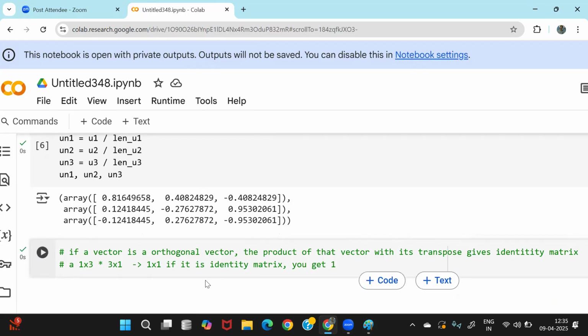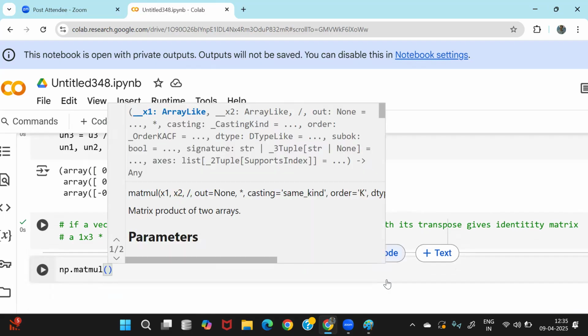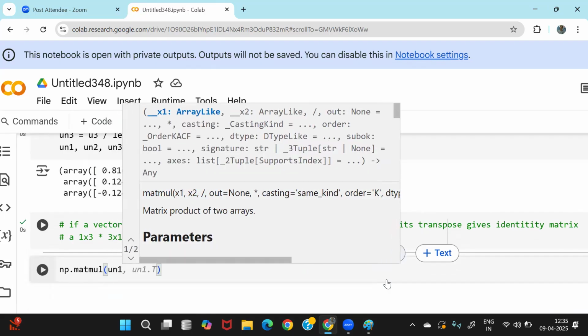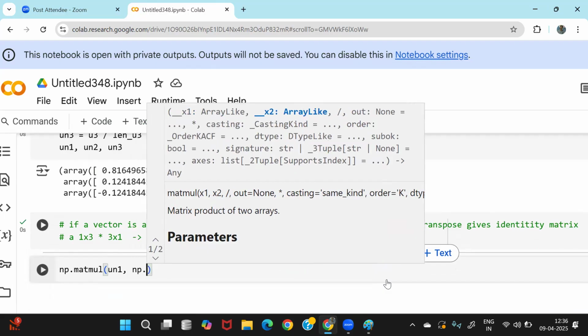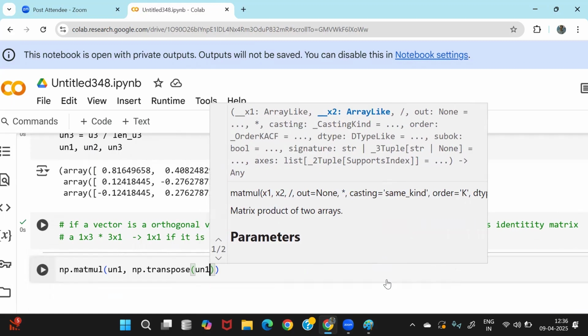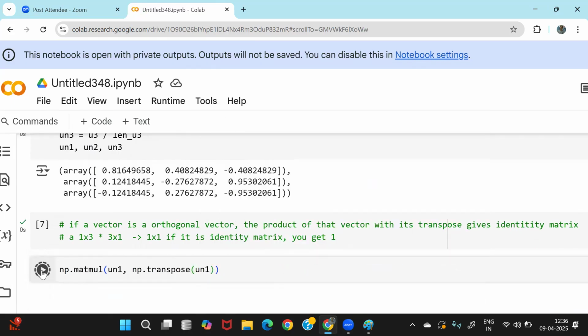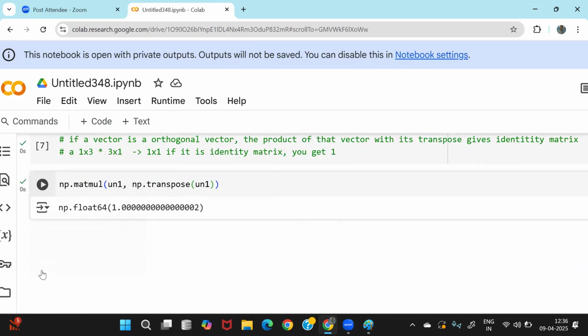Okay, I think you understand it. Let us prove that the above vectors are orthonormal vectors. Multiply un1 with its transpose. Check what you get. It is 1. Okay.